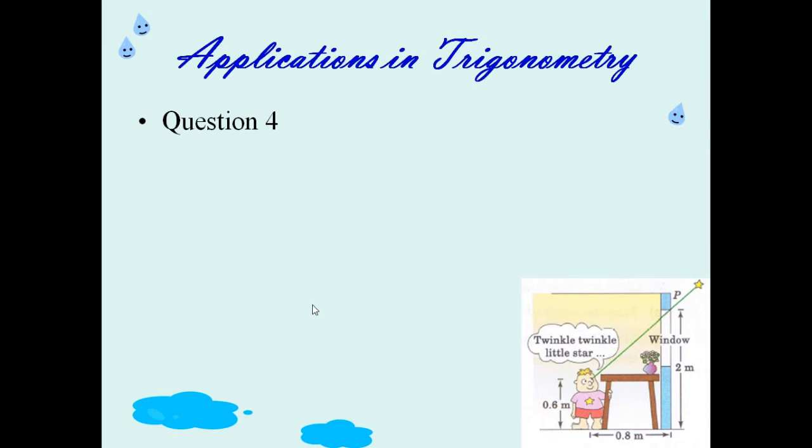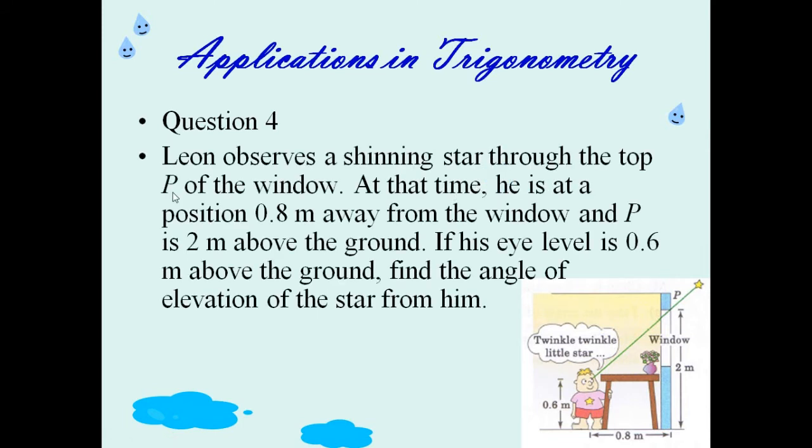Now let's look at a question. Sometimes someone will observe a shining star through the top of a window. At the time, he is at a position 0.8 away from the window.